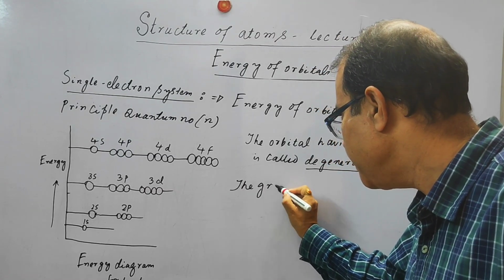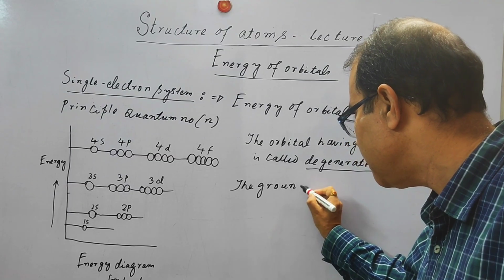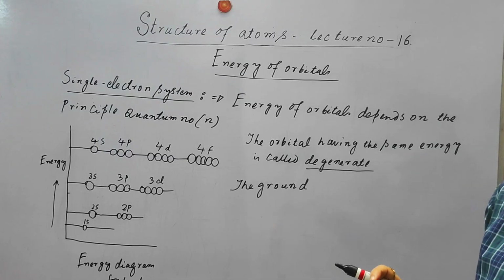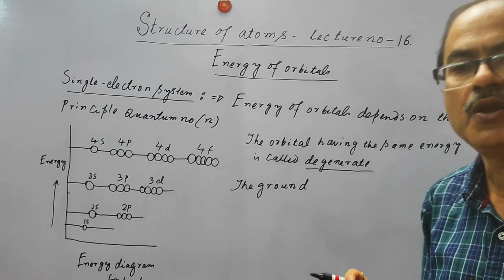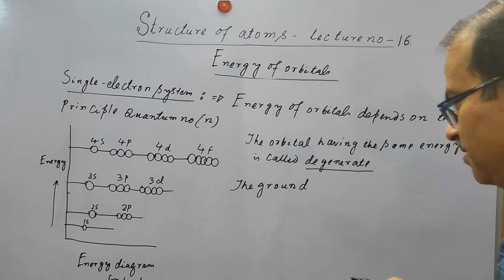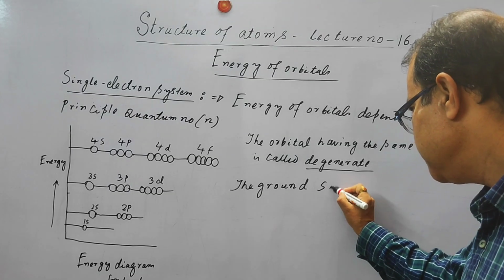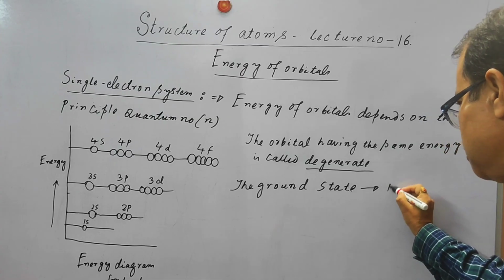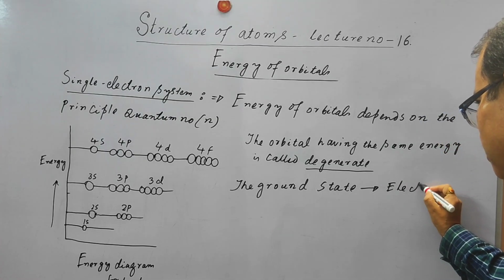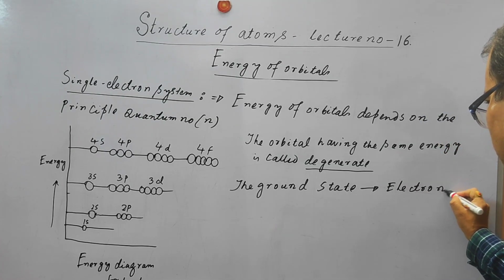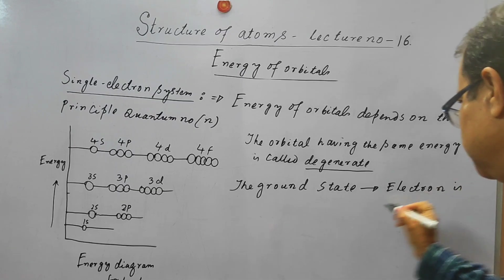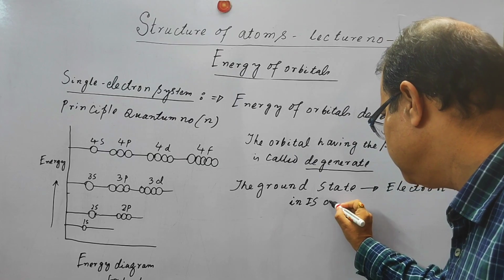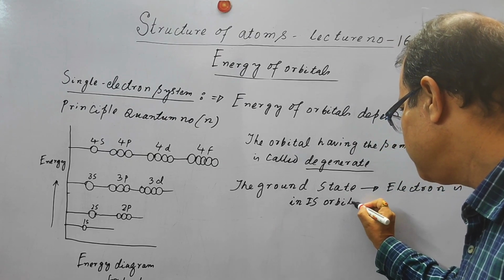Ground state is when the electron is in the 1s orbital, that is the lowest energy level of the orbitals. This is called the ground state.